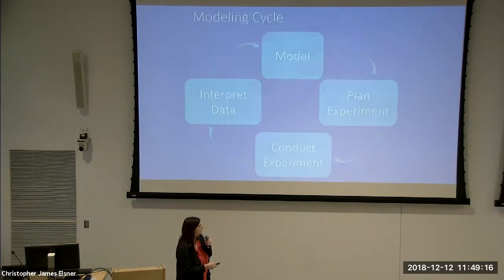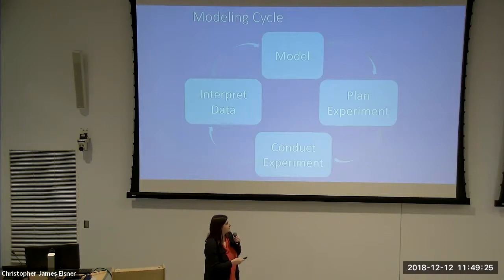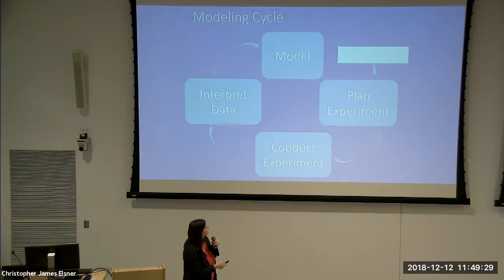Specifically, we try to engage students in a modeling cycle, or in parts of it. As a scientist, if we have some model, that would allow us to come up with a testable hypothesis or some sort of prediction that we could then plan an experiment around.